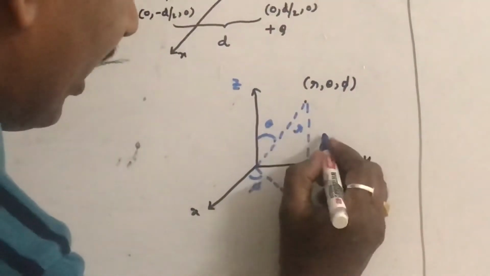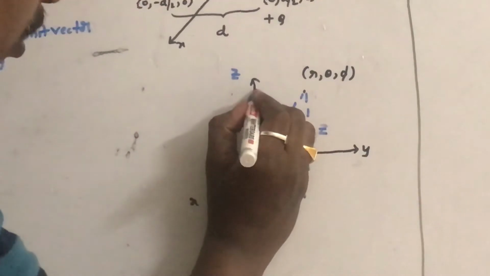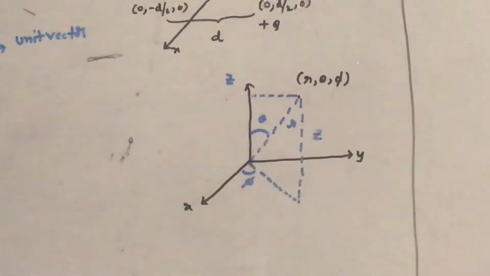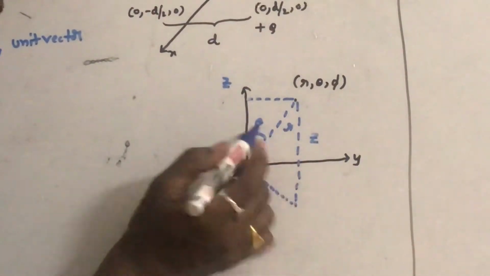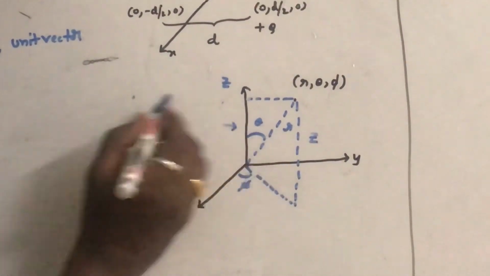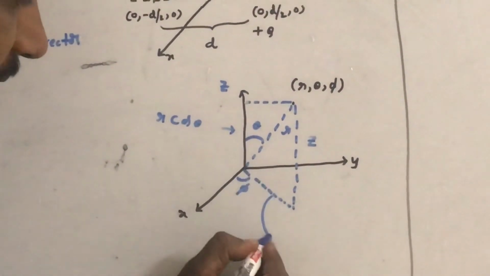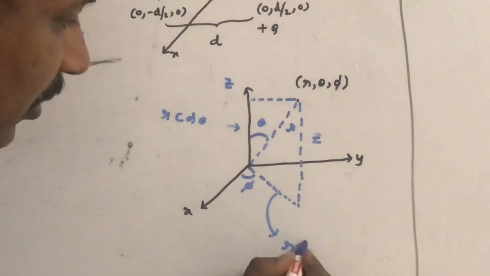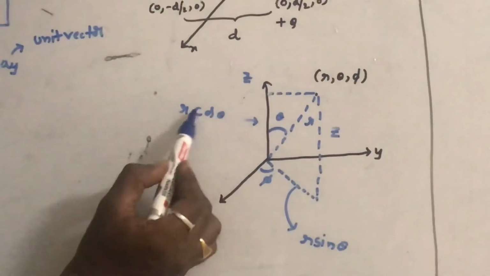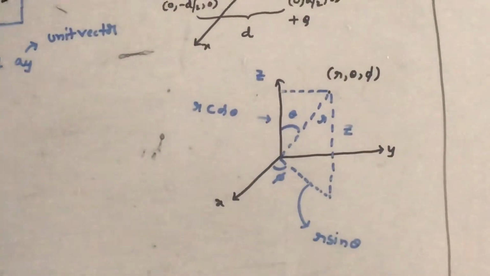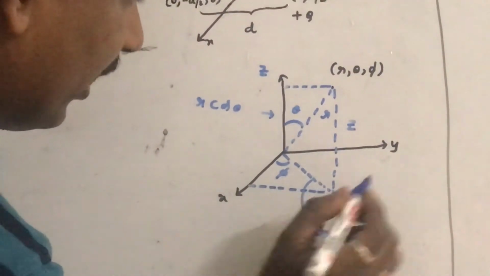This is the height z. If you draw a line like this, if this angle is theta and this distance is r, then this side will become r cos theta, and this length will become r sin theta from geometry. Now project this like this.